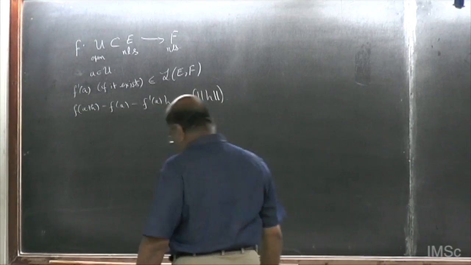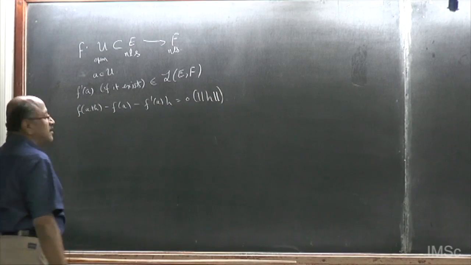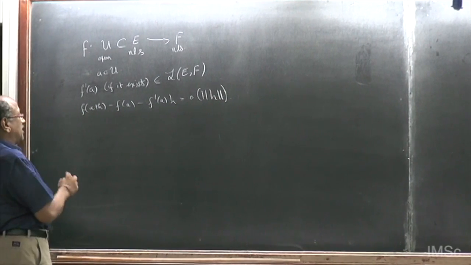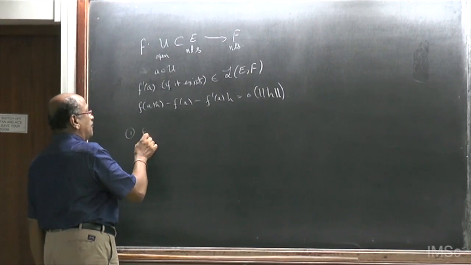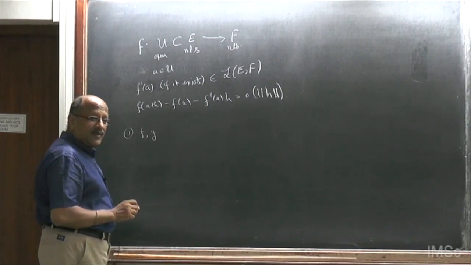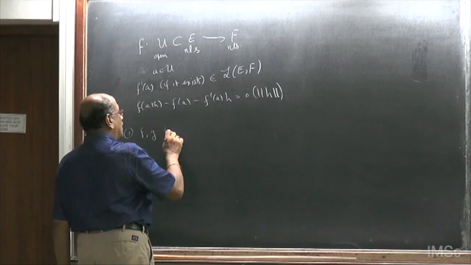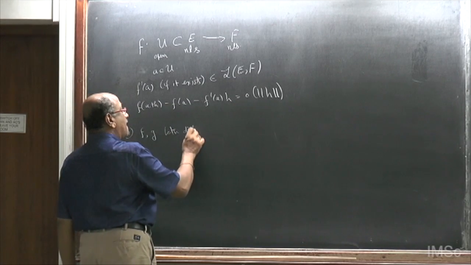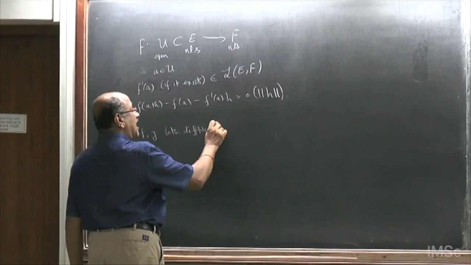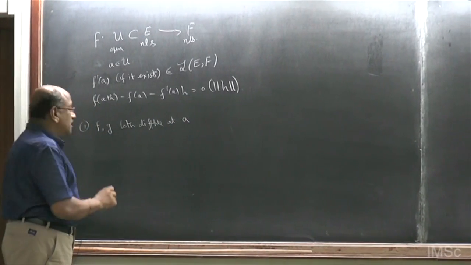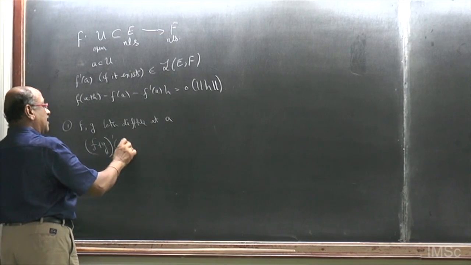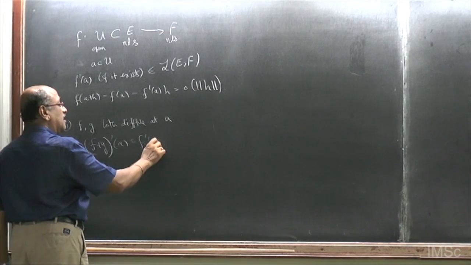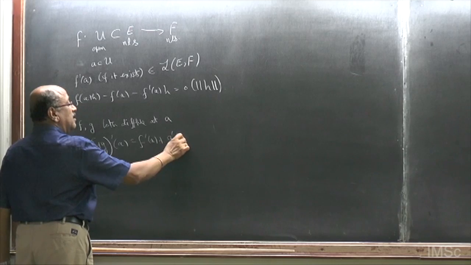Now some properties of the derivative. The following properties are very obvious. First one, if you have f and g, two maps, both differentiable at A, then of course (f + g)'(A) is f'(A) plus g'(A).